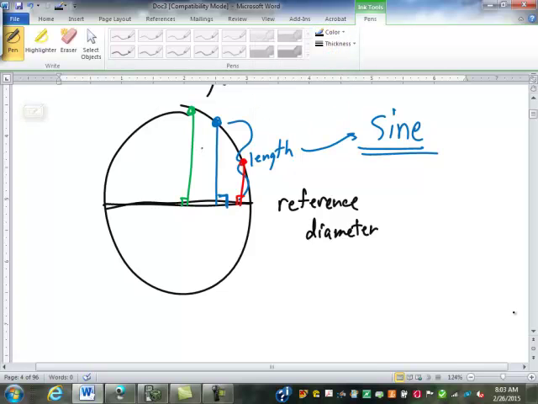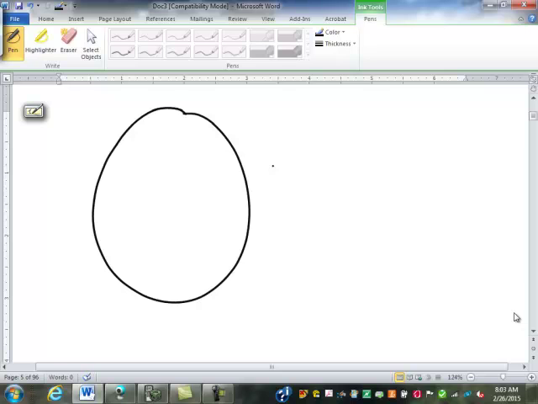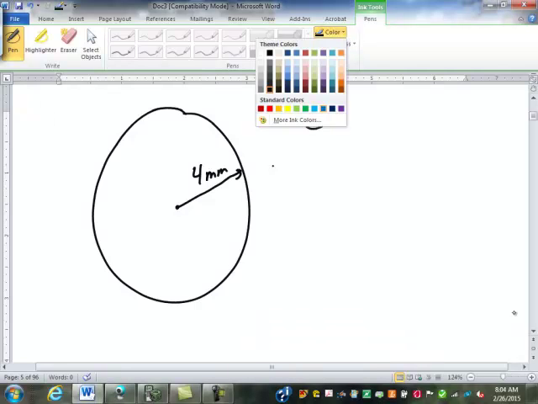So now let's go back to reviewing some of our calculations with a circle. If I have a circle with a radius of 4 millimeters, review from last semester, I want you to quickly find the circumference. So what do we use to find the circumference?